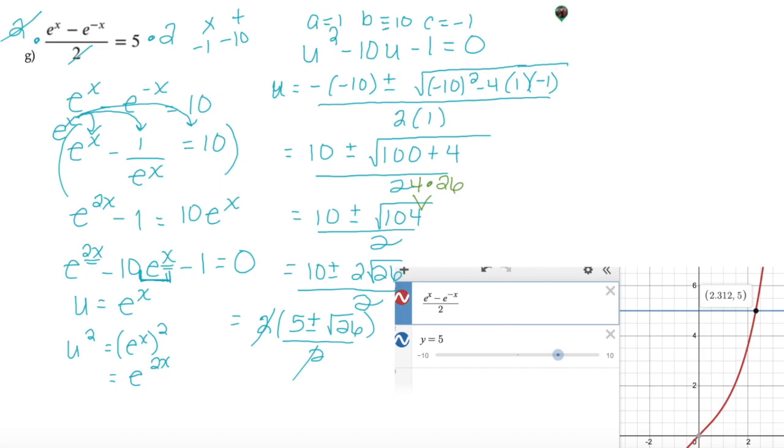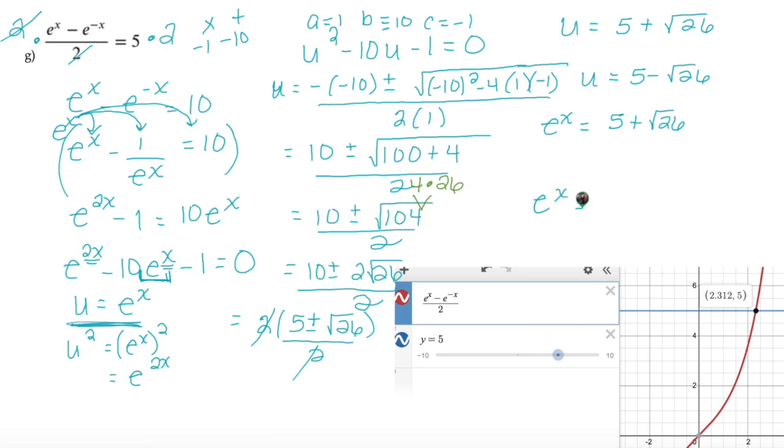Now I have u is equal to 5 plus the square root of 26, and u is equal to 5 minus the square root of 26. Remember we said u was e to the power of x? So e to the power of x equals 5 plus the square root of 26, and e to the power of x is 5 minus the square root of 26.